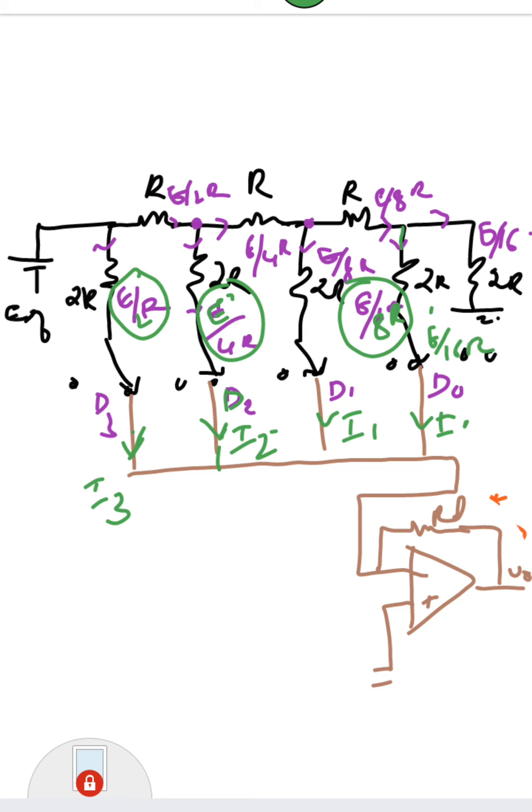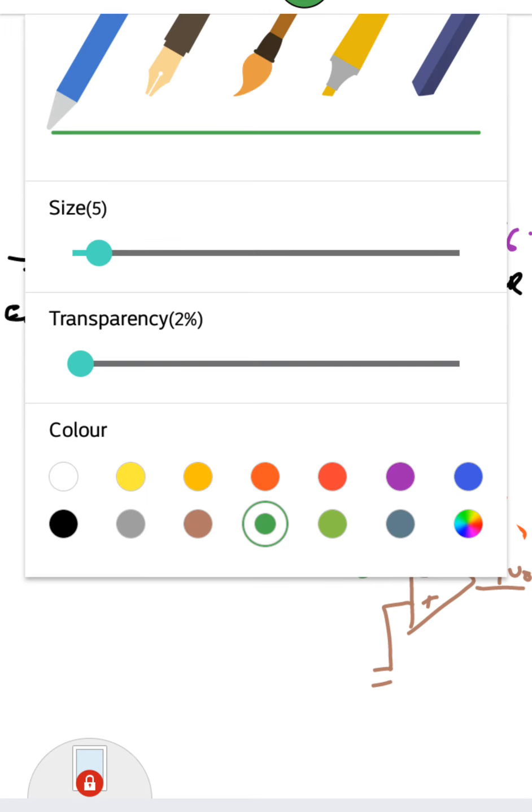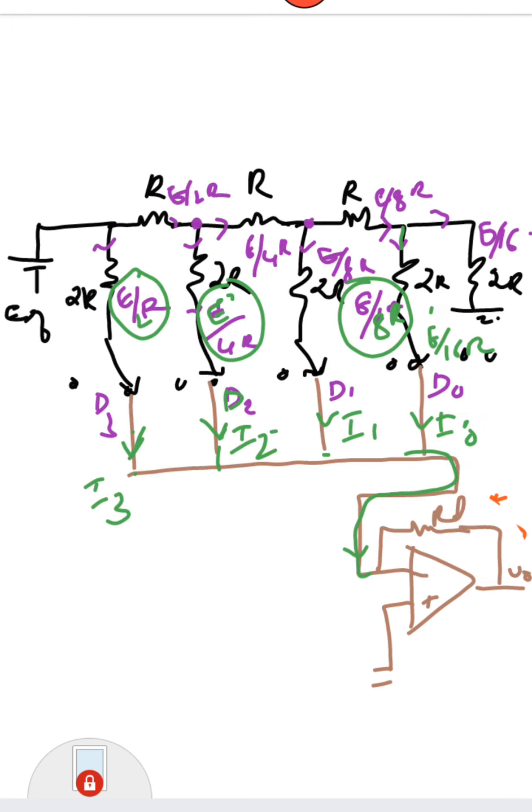Okay. So this current I3 plus I2 plus I1 plus I0 is the current flowing through the negative terminal of the operational amplifier. Now for this operational amplifier, what is the output voltage? We know the output voltage V0 is equal to, since the plus terminal is connected to ground, minus terminal potential is also 0 because of virtual short.